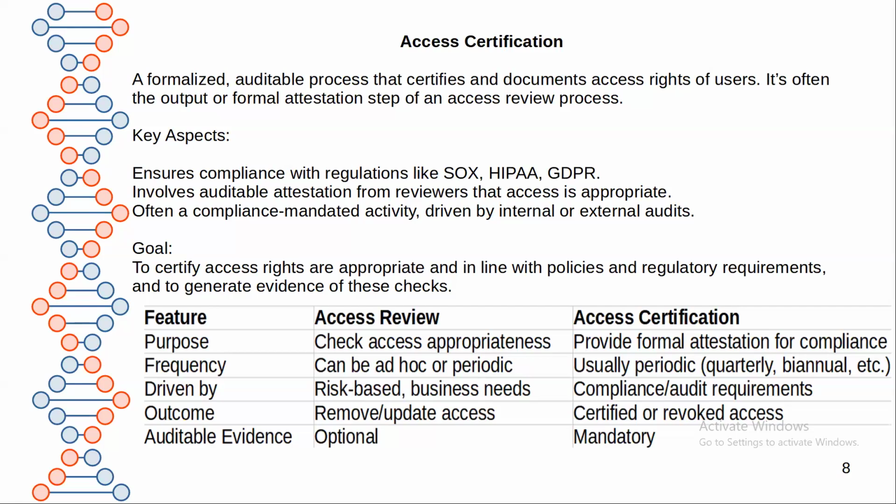If access certification is not done, it means there is some violation which has to be corrected. And who will correct it? IGA will help in correcting that.